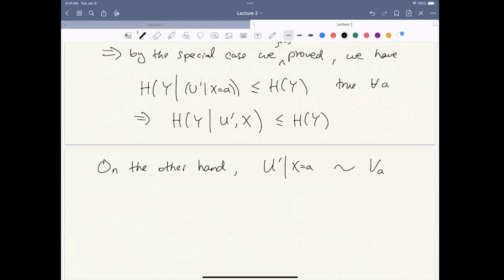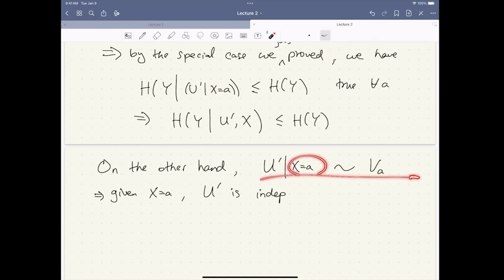What that means is that given x equal to a, this u prime is uniformly distributed over V_a. It has nothing to do with y. It's independent of y. How y looks like has nothing to do with how u prime is going to be distributed. U prime is going to be uniformly distributed.